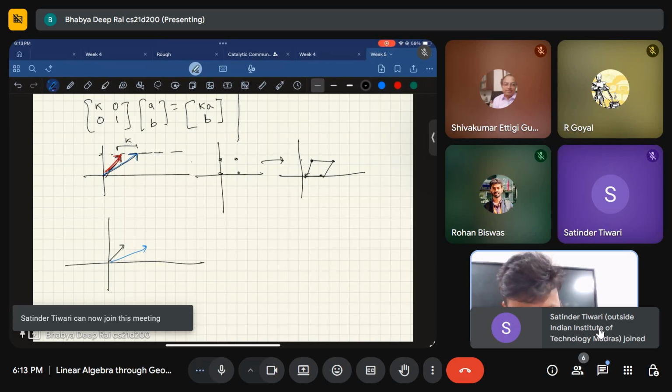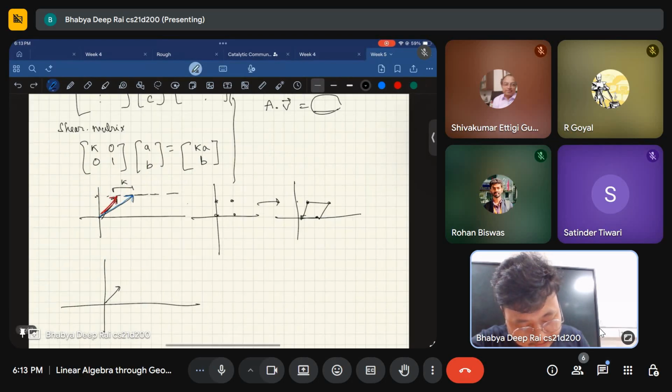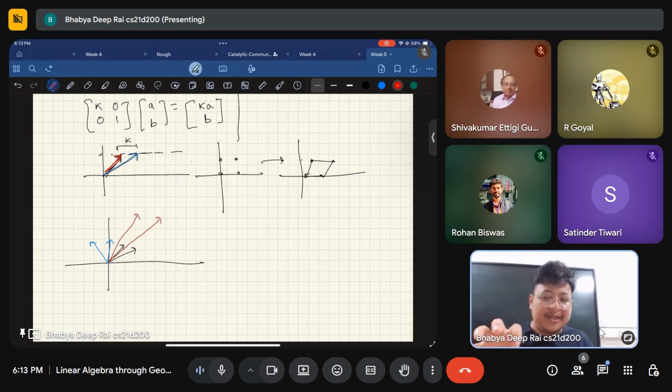Similarly, if I apply that same transformation to this other vector, maybe it became this guy. And maybe this red vector is very long and pointing here; on applying that transformation, it got shifted here.